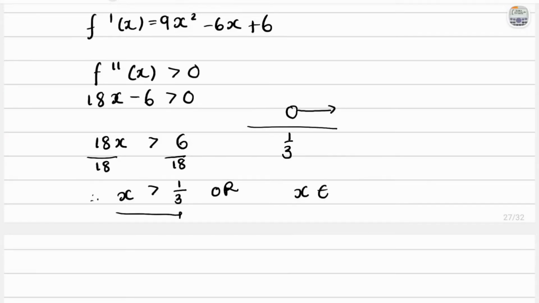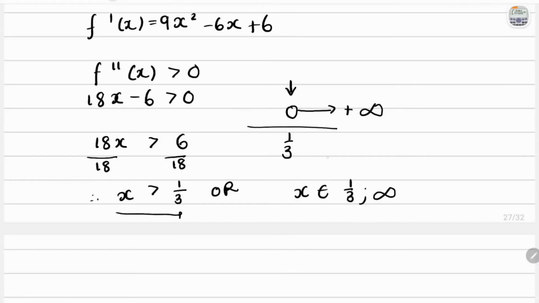Now with set builder notation, you're always thinking about what is the smaller number and what is the bigger number. The answers are numbers that are bigger than 1 over 3. So the smallest number we're comparing it to would be 1 over 3, and the biggest number would be positive infinity, because it's heading towards positive infinity. So x is an element of 1 over 3 all the way to positive infinity.